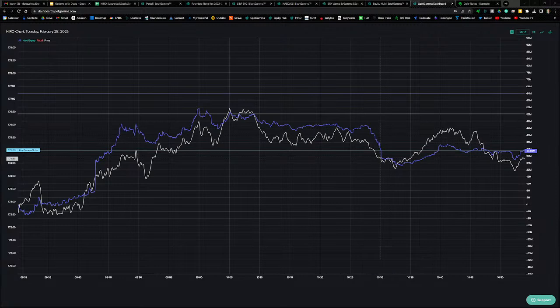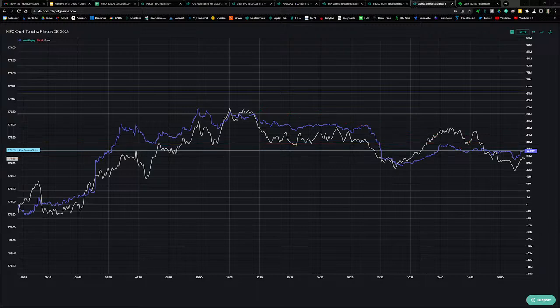And notice how once Meta reaches this 175 key gamma strike, that this price action just stalls out. Hero levels off a little bit, moves slightly down, and then price follows.